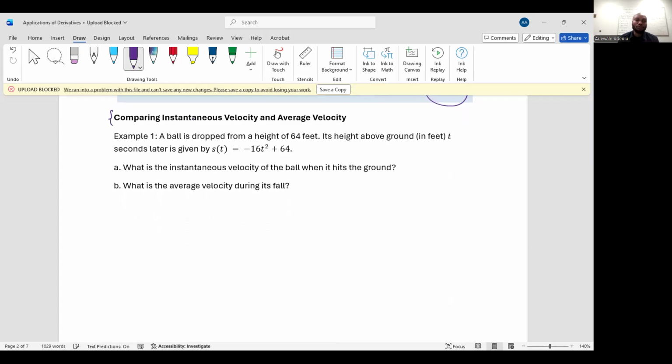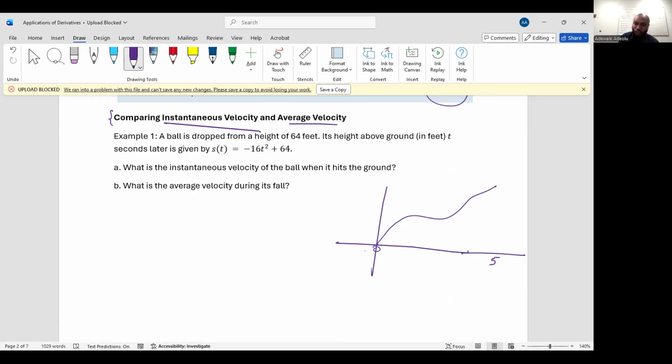To begin with, I want to compare instantaneous velocity and average velocity. Let's say this is the graph that represents my journey. Let's say I'm moving from point A to point B, and this is maybe 5 minutes for me to get there.